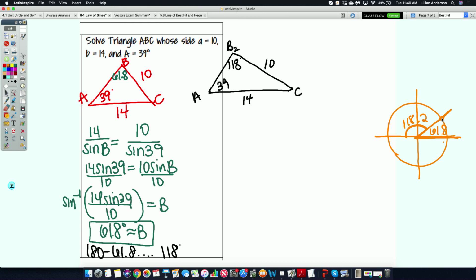But how do you know it's automatically another triangle? Because when I add these two, if it's less than 180, that means I do have a whole other triangle. So when I add 118 and 39 degrees, 157, there still leaves some amount to reach 180, correct? So then I add those two up and then subtract them from 180 to get my third angle.